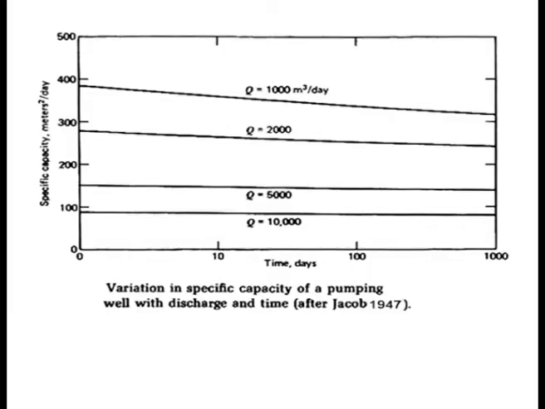It means how productive a well is depends upon the specific capacity, and specific capacity decreases with Q, capital Q, and time, small t. There is a figure which shows this relationship, how the specific capacity decreases with Q and t. It is expressed in meter square per day.